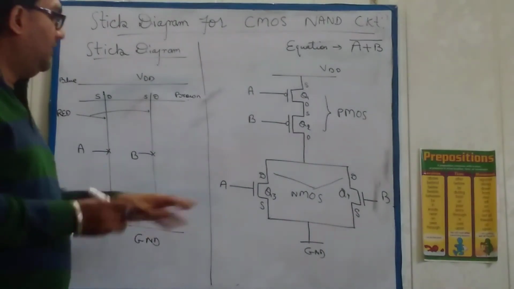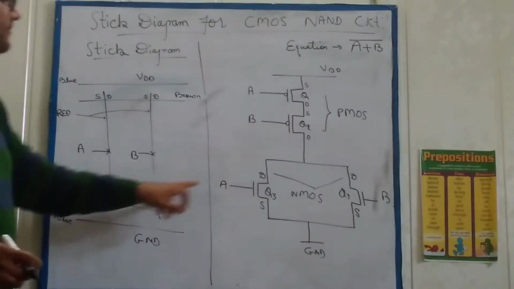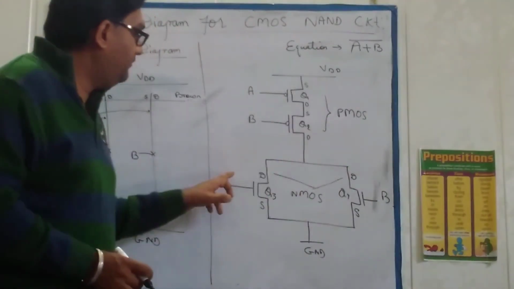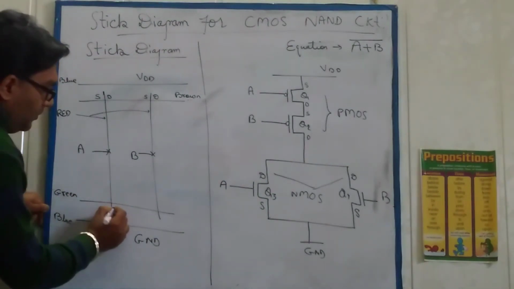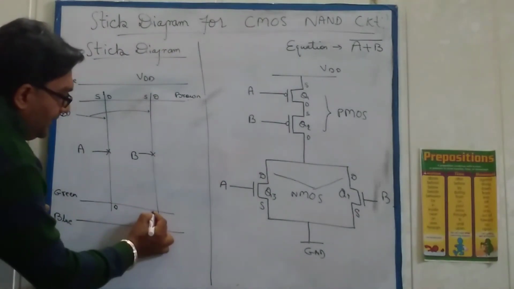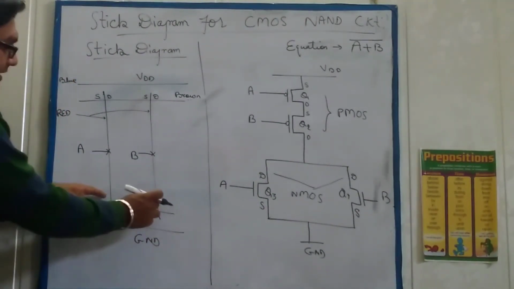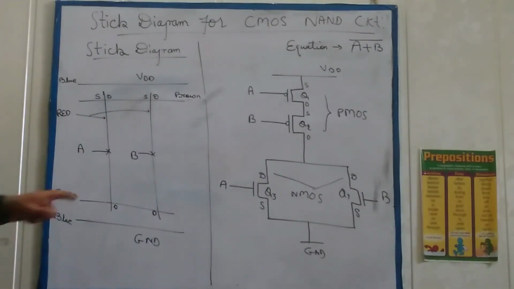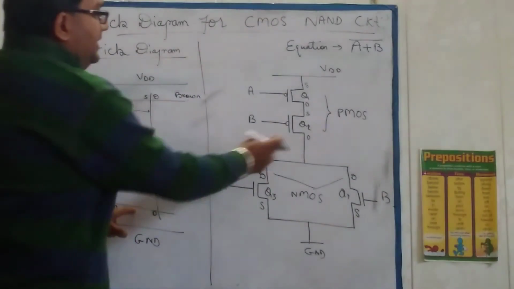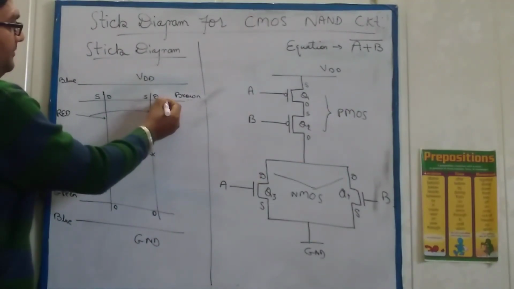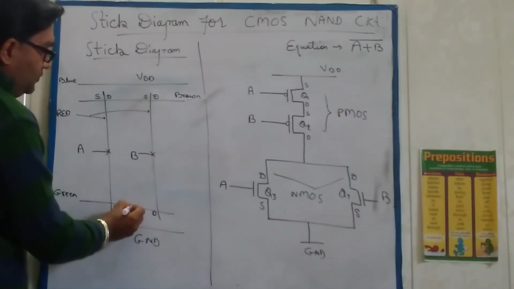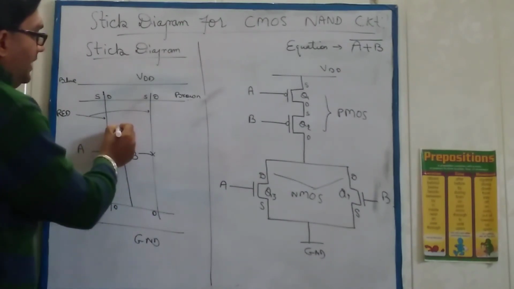Okay. Now on the lower side, two drains of A and B are shorted together. So that means on this side you will take drain and on this side you will take drain. Drain of two are connected together and they are connected with the drain of B. The drain of B is this one, right?